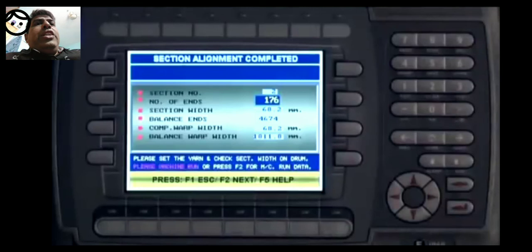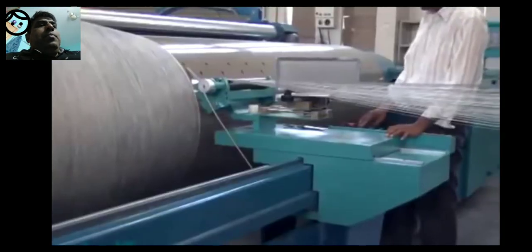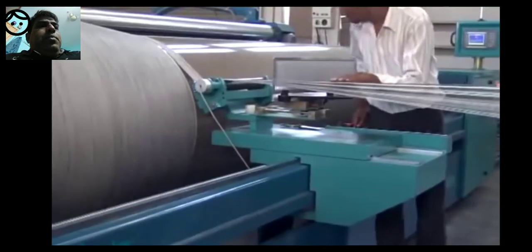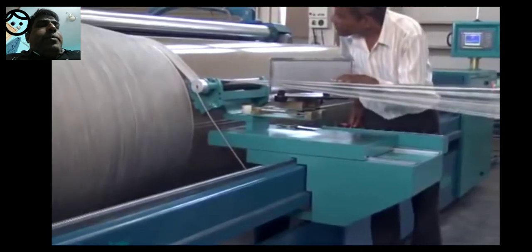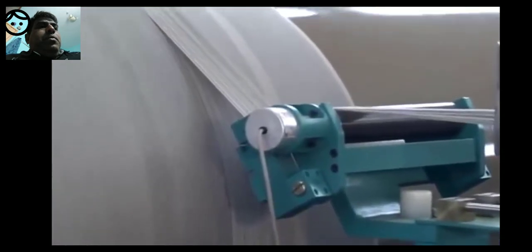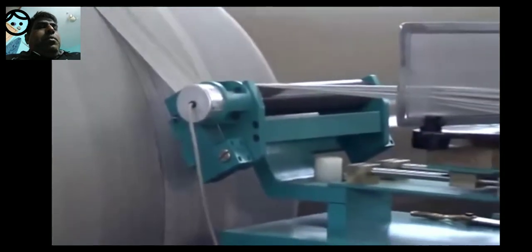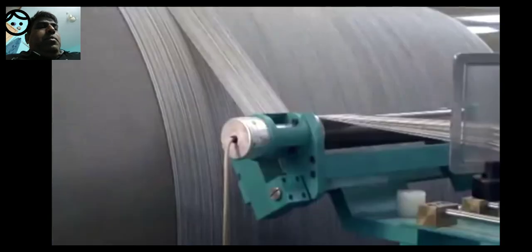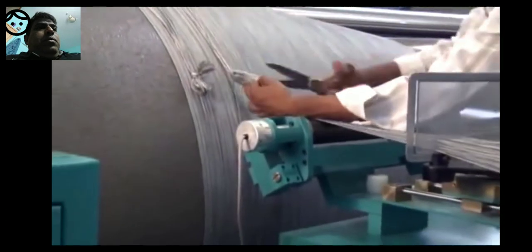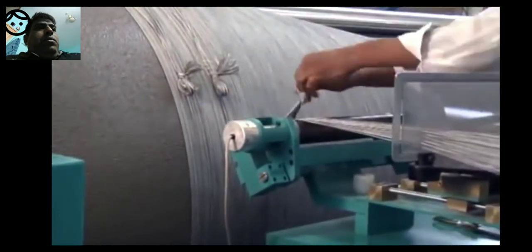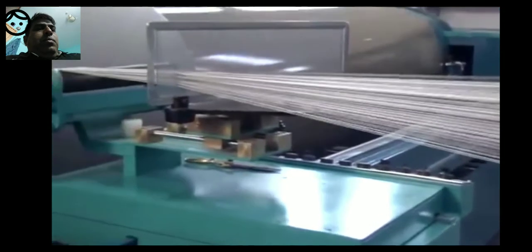So here another section is introduced. We got thread guide.